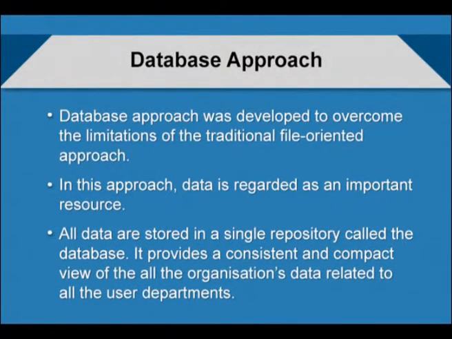In the DBMS approach, you have data access, data independence, data security and protection. Each and every disadvantage that we observed in the file-based approach is overcome in the database approach.